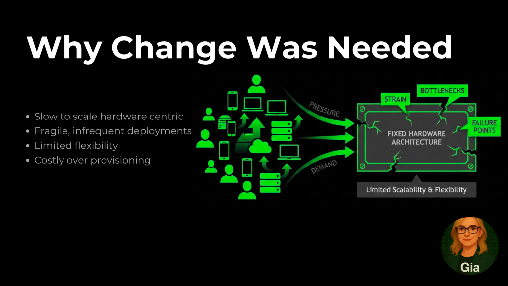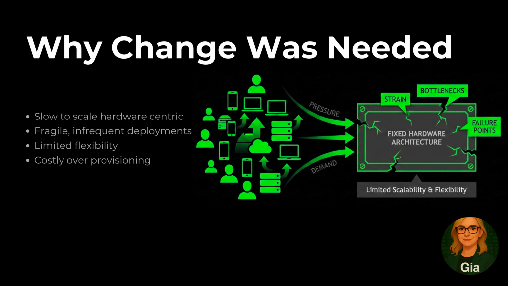Traditional IT architectures struggled because they were rigid. Deployments were risky and infrequent. Because components were interconnected, a single bug or failure could potentially bring down an entire application. Scaling often meant buying more hardware or adding clusters, leading to over-provisioning, which was slow and expensive, requiring us to pay for hardware we only used during peak loads.